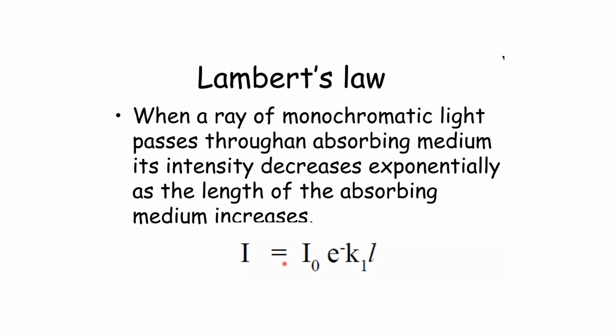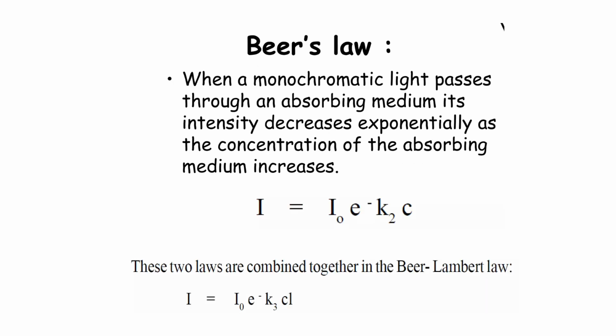So this law is given by this equation: I is equal to I0, initial intensity, e power minus k1 L. Beer's law states that when a monochromatic light passes through an absorbing medium, its intensity decreases exponentially as the concentration of the absorbing medium increases, and it's given by the equation I is equal to I0 e power minus k2 c. So these two laws are combined together in the Beer-Lambert law, which is given by I is equal to I0 e power minus k3 c L.